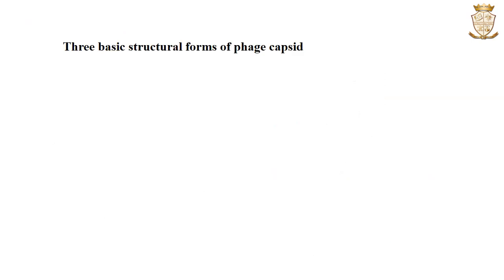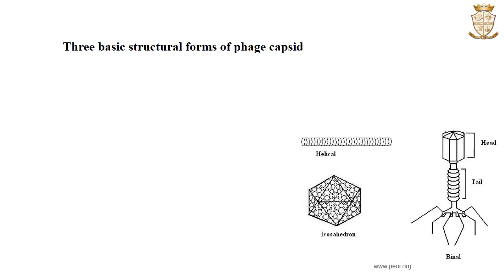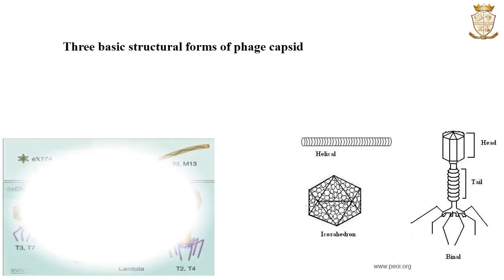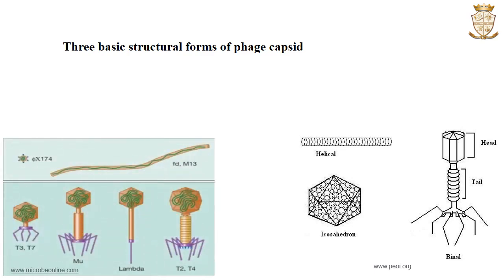There are three basic structural forms of bacteriophages. They are an icosahedral head with a tail, second, an icosahedral head without a tail, and the third is a filamentous form.